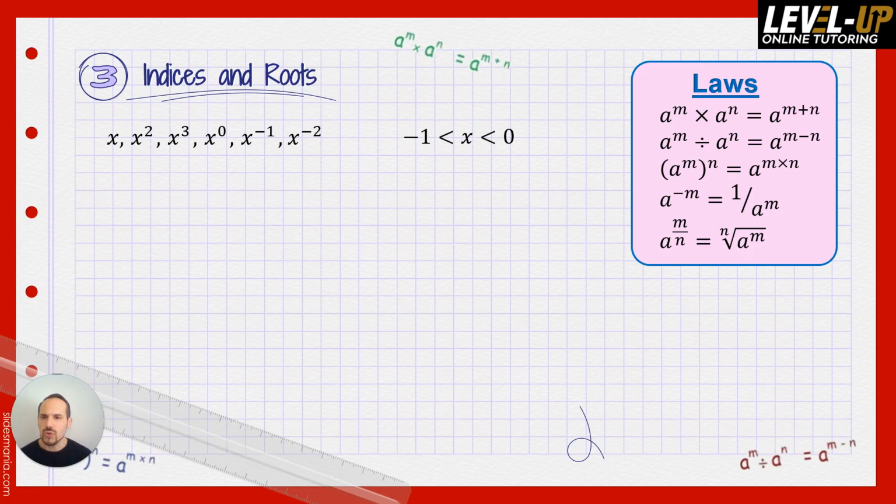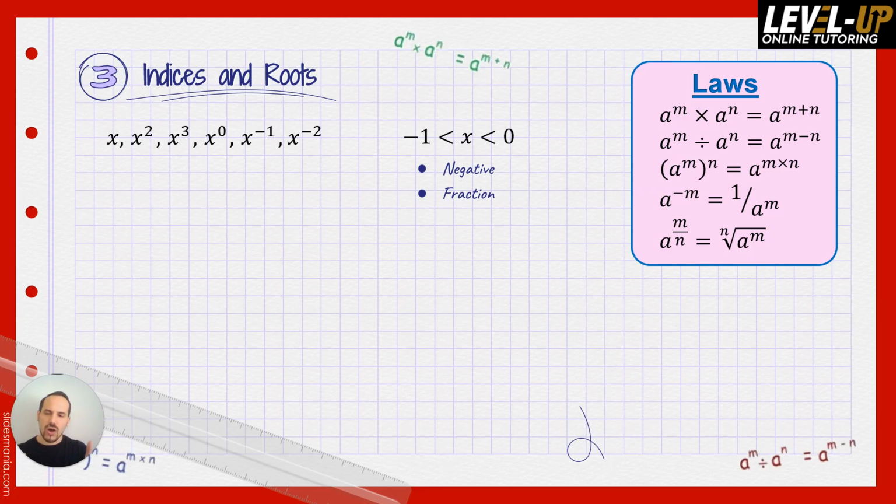So first of all, you want to consider the values of x that you have, because different numbers respond to powers in different ways, don't they? So these are the things we've got to consider here. What we've got is an x that is negative, and one that's a fraction. So note that when you've got a number that is a fraction, like say a half, if I do half to the power of 2 or 3 or 4, notice the number gets smaller, doesn't it?